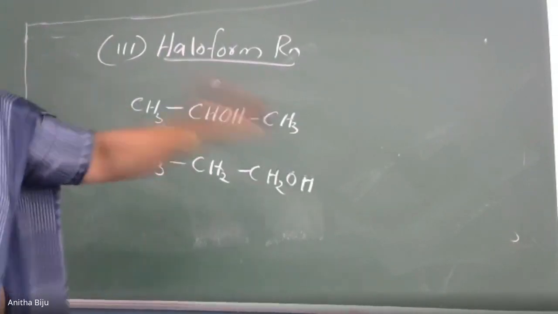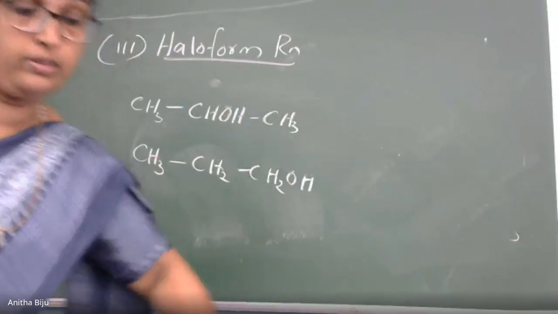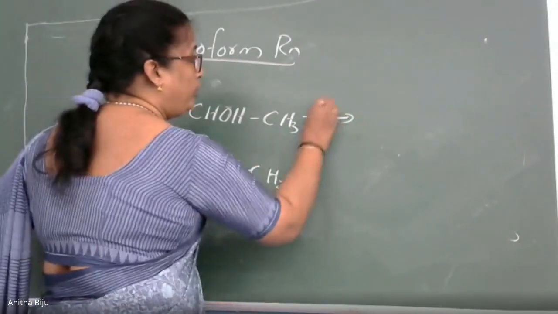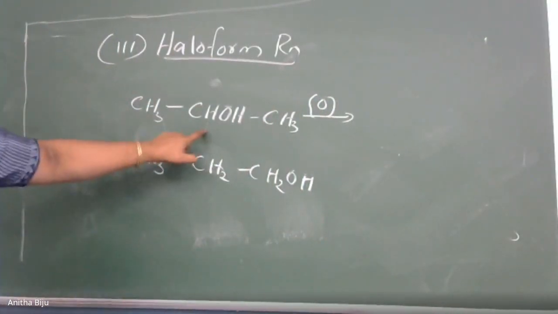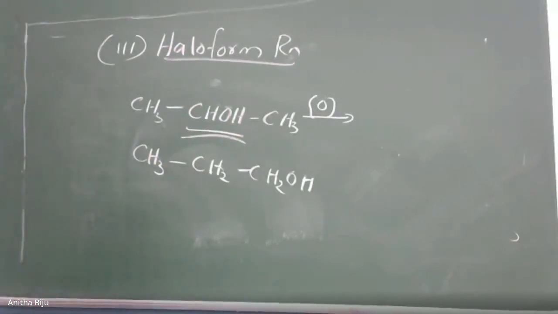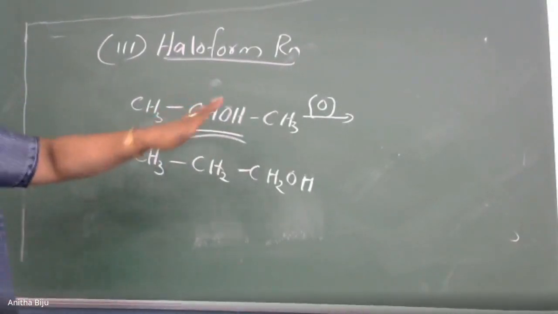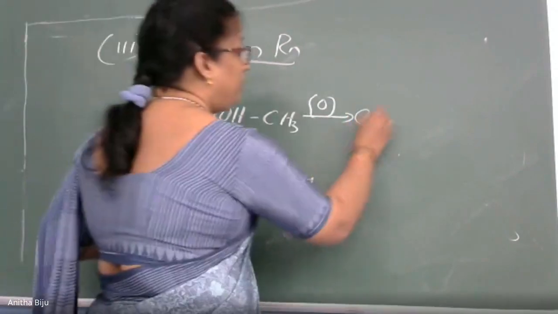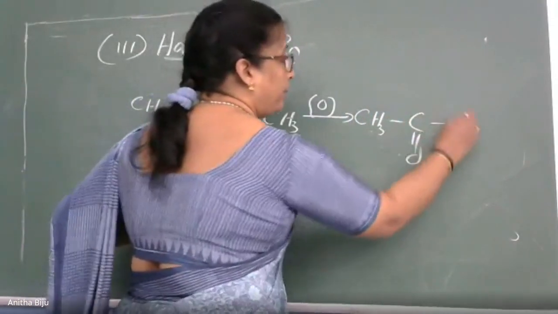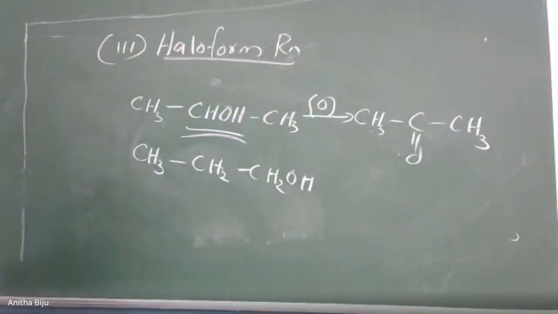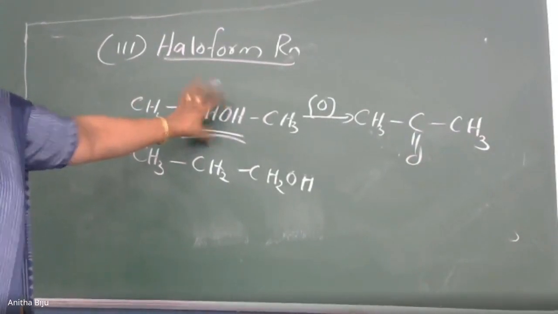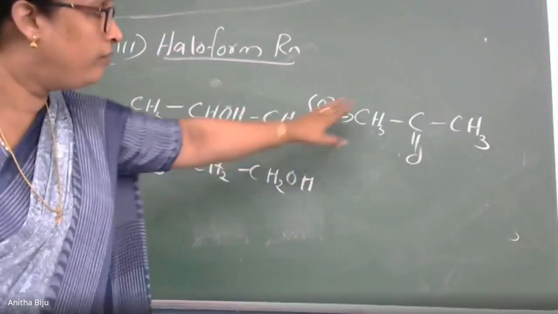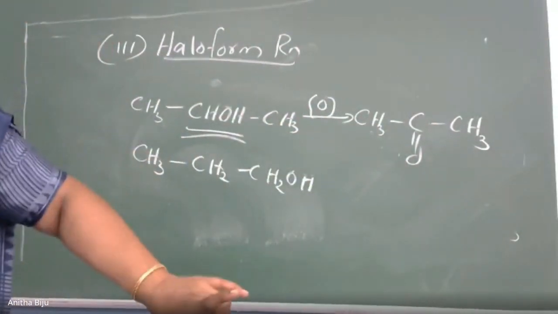Let us oxidize these two compounds. Remember how I told you: only the functional group undergoes change. This is a secondary alcohol. It undergoes oxidation and we get a ketone, CH3COCH3. So propan-2-ol as such contains no keto-methyl group, but on oxidation we get a product which contains a keto-methyl group.